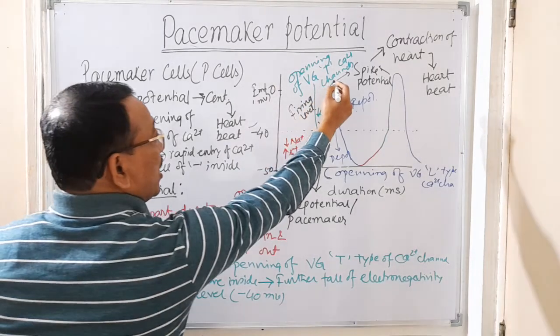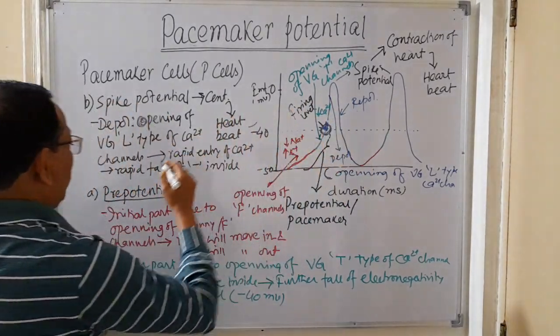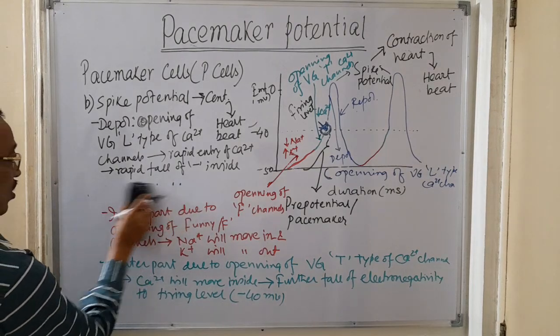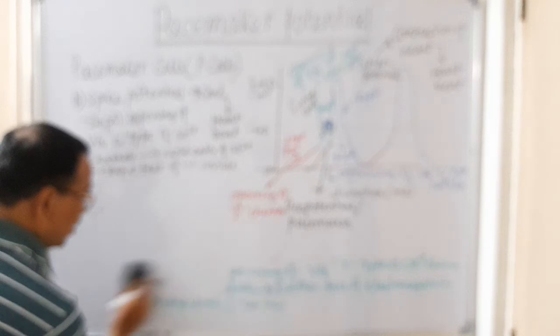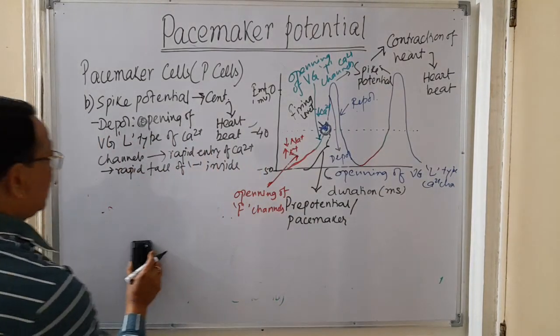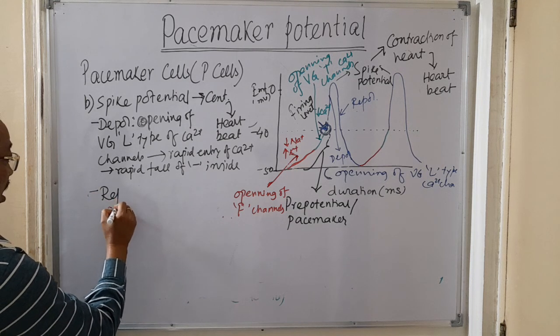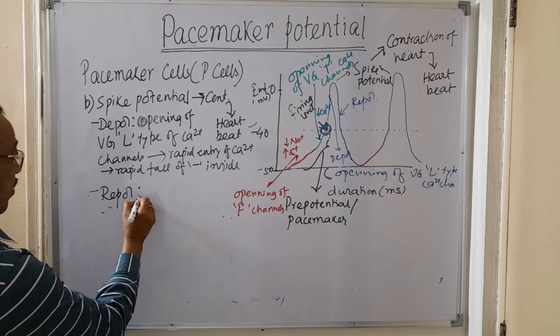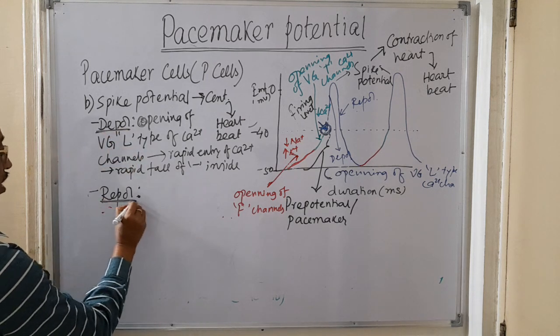Next is the declining phase, or repolarization, of the spike potential. So this is the depolarization and this is the repolarization.